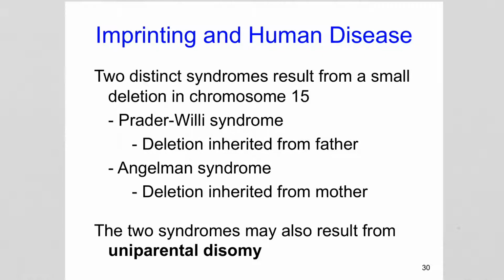These two syndromes may also be due to uniparental disomy, and what that means is that for whatever reason there's an error with meiosis, non-disjunction occurs, and so extra copies of the chromosomes are passed on. And in this case, you end up inheriting two of the same homolog from one of your parents rather than one from each.